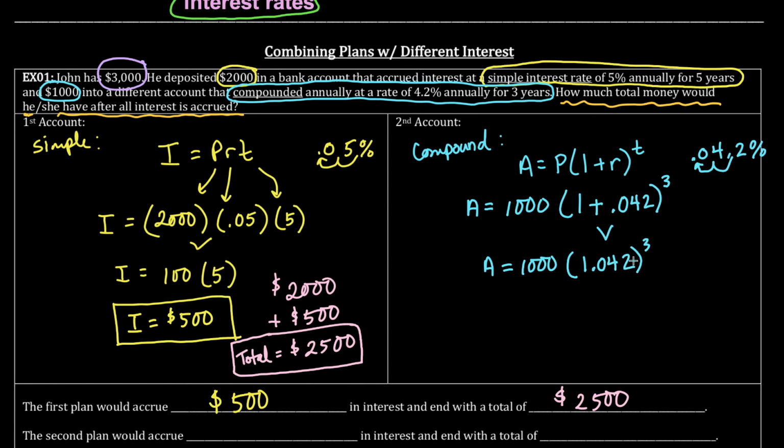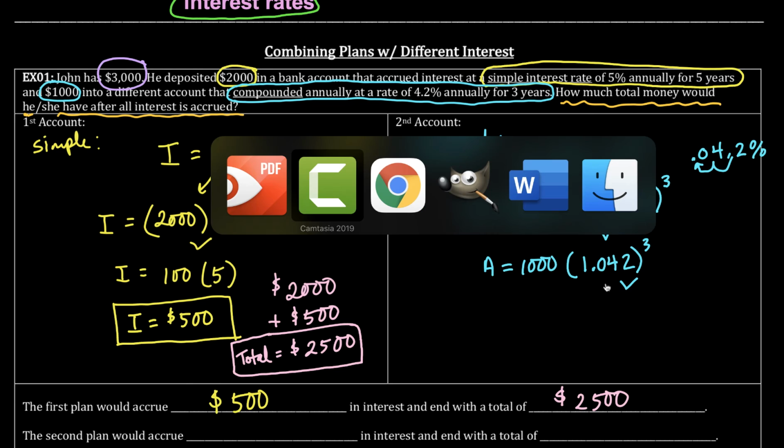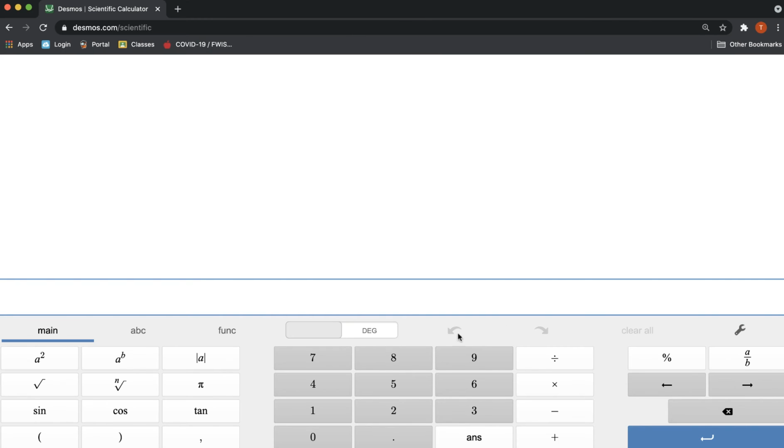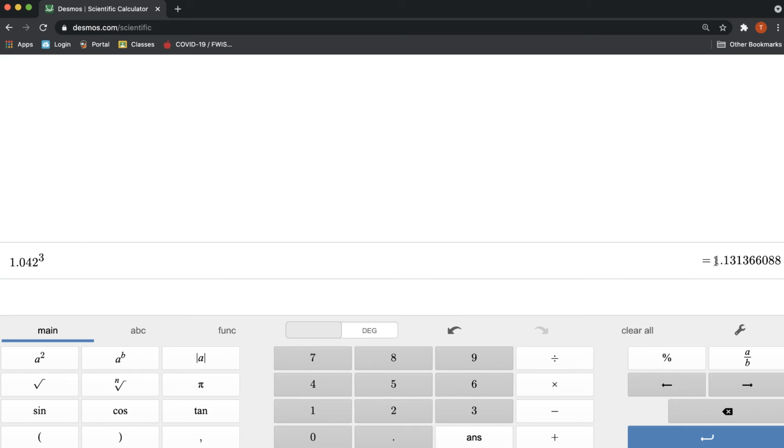If you want, you can type all this in at once. That's absolutely fine. Let me just show you both, and then you can decide. So 1.042 to the third power. You see, it's this craziness here, right?